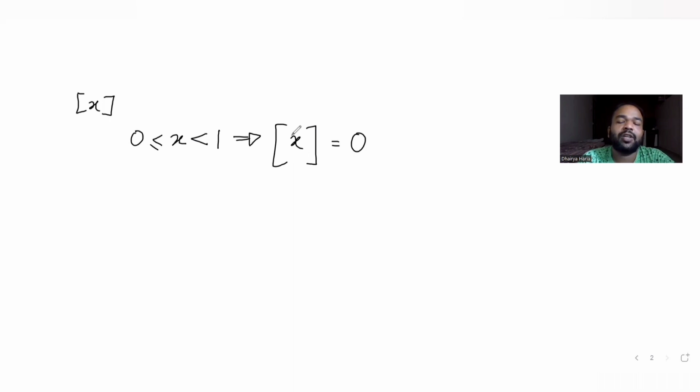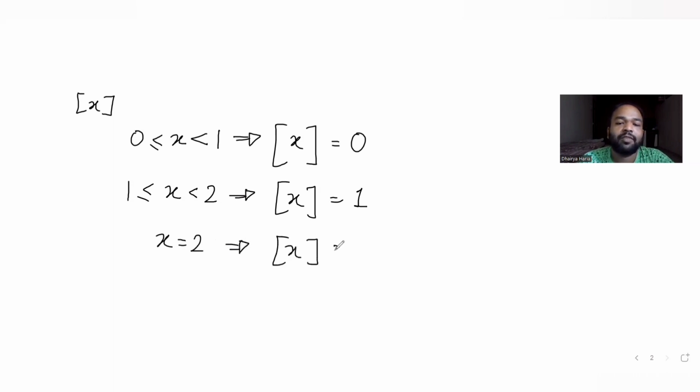For x from 1 and less than 2, its value becomes 1. And for x equal to 2, the last value, it becomes 2. So let's figure out all three functions so that we get f of x, which is the maximum of all three.